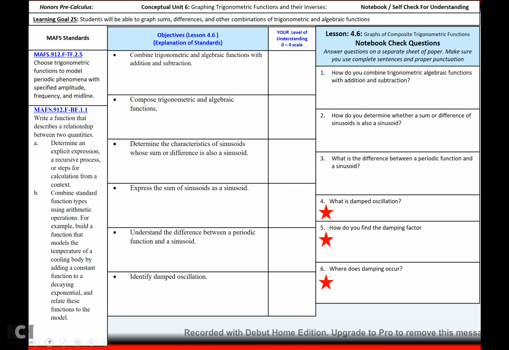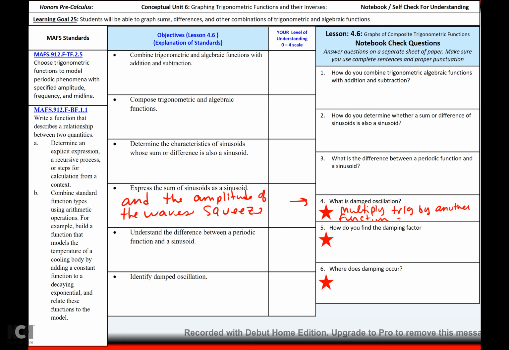So what is damped oscillation? It's when you multiply trig by another function and the amplitude of the waves are squeezed.